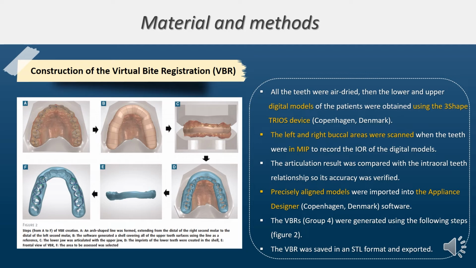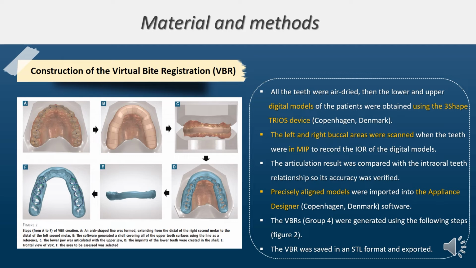The models were automatically articulated by the device. The articulation result was compared with the intraoral teeth relationship, so its accuracy was verified. Precisely aligned models were imported into the appliance designer software.